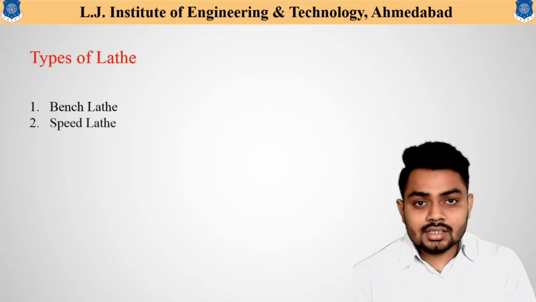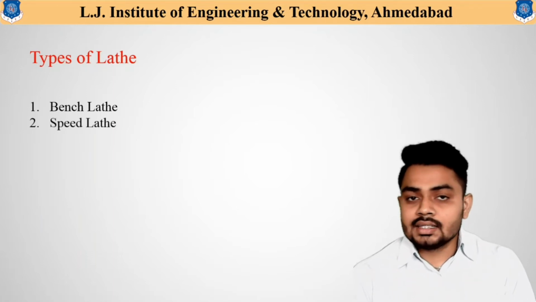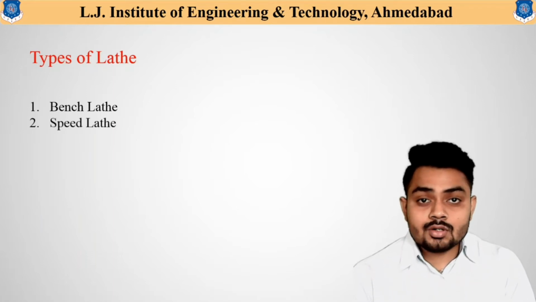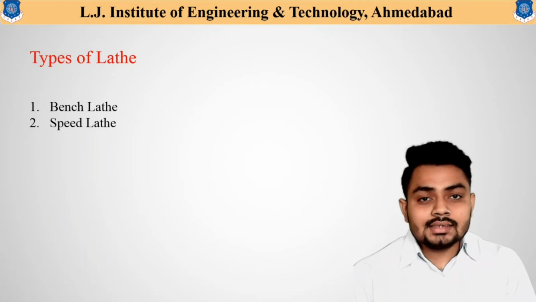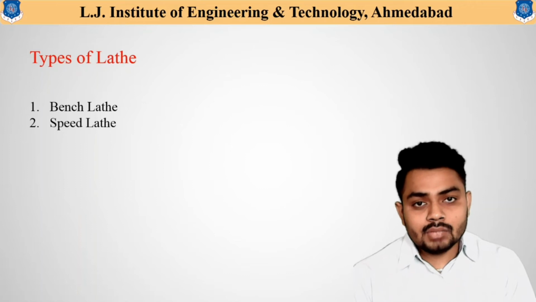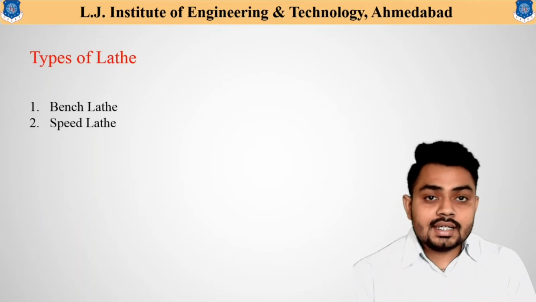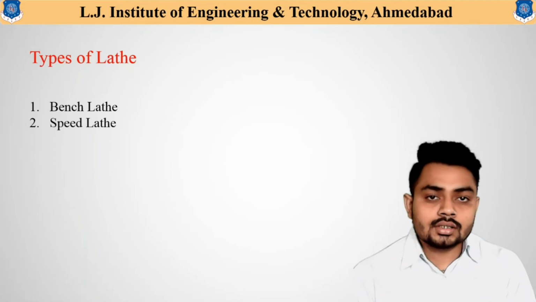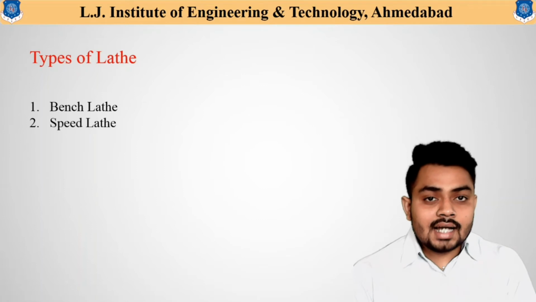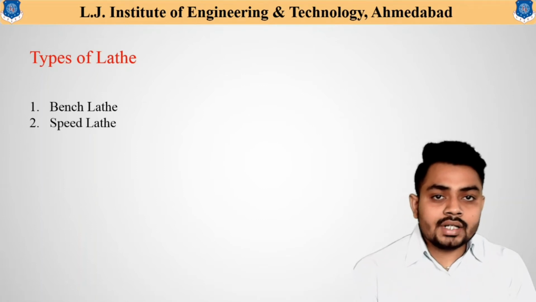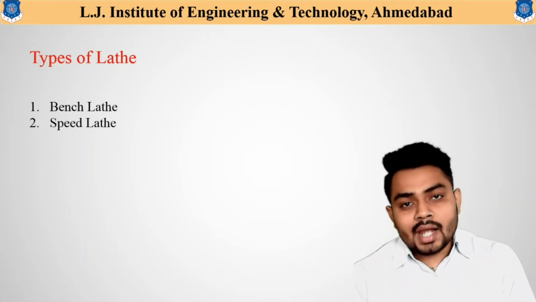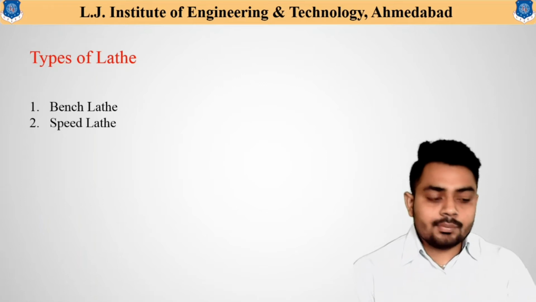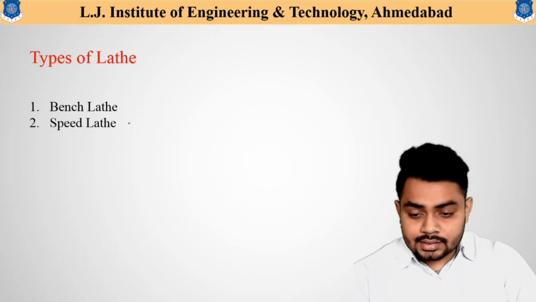Now the second one is the speed lathe. In the speed lathe, the parts available are the same as those of the bench lathe, but here the movement is provided to the workpiece by a motor. Here a large speed variation can be obtained, from a very low RPM to a very high RPM.